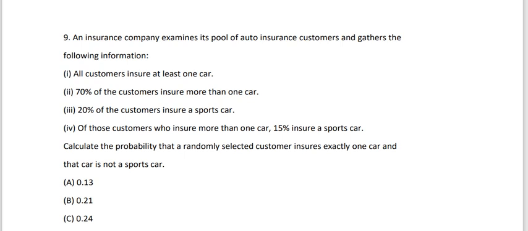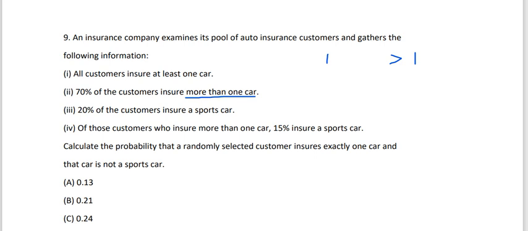So for problem 9, we also want to separate all people by parts. At first we say all customers insure at least one car. But some people insured one car, some people insured more than one car. So for number of cars, we have two cases, like 1 or larger than 1, at least 2, right?